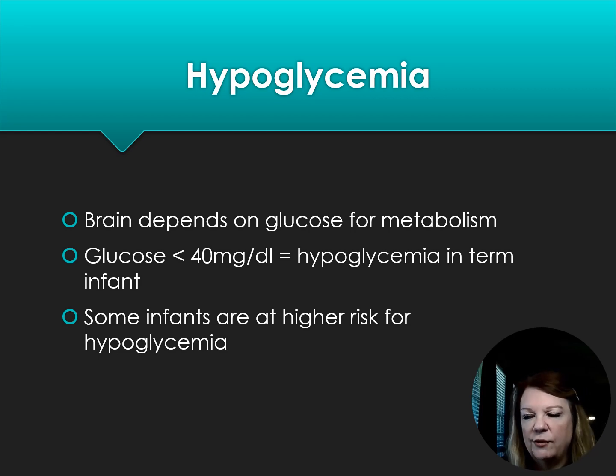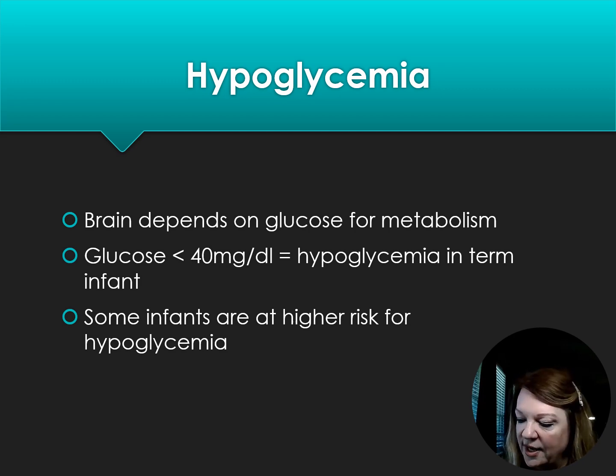Macrosomia, remember that word from before? Fetal macrosomia, they're greater than 4,000 grams or greater than 9 pounds. They're at more of a risk for their blood sugar dropping, which is hypoglycemia. And then remember, they're more at risk for respiratory distress. So that kind of goes hand in hand if they get hypoglycemic.